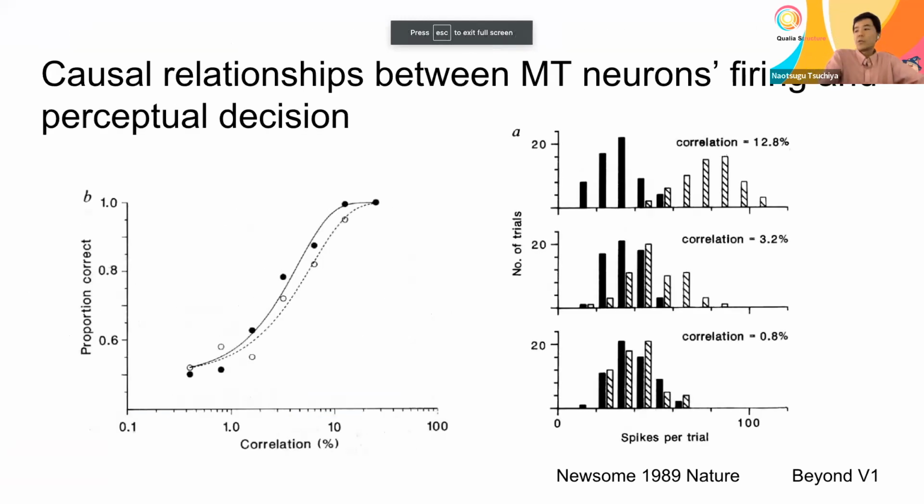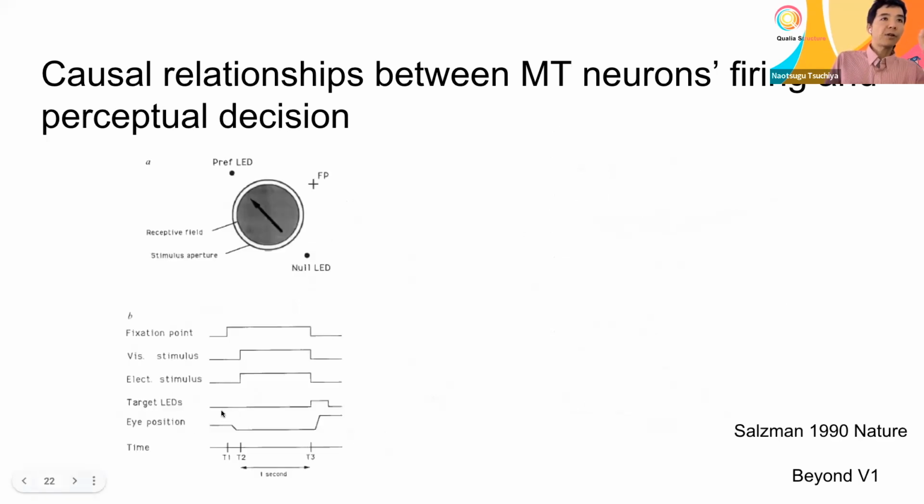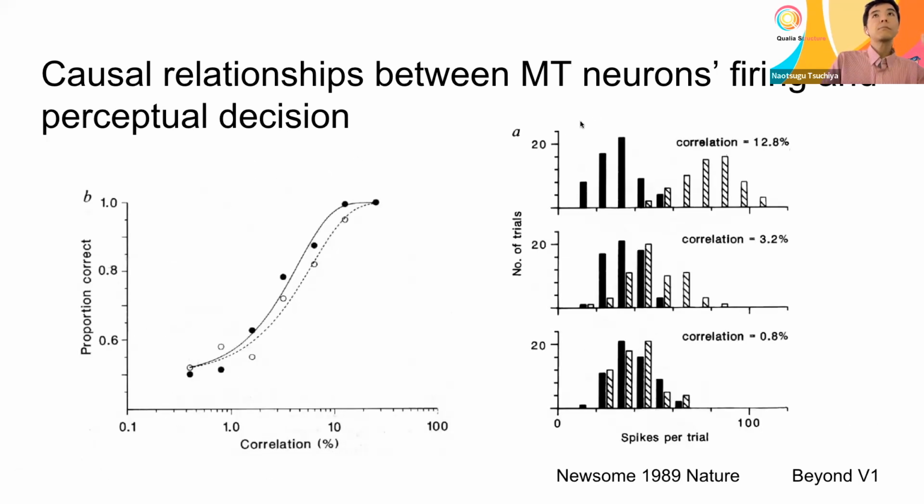So the reason why this is important is that, as a control situation, the researcher just recorded the neuron's response as a function of the strength of the visual motion, like motion coherence, correlation.